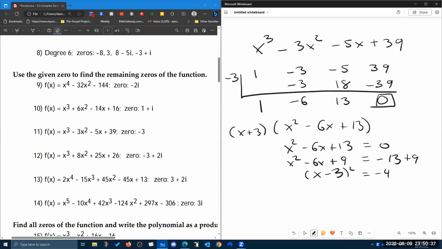That equals a negative 4. I'm going to take the square root of both sides. x minus 3 is equal to plus or minus 2i, and x is equal to 3 plus or minus 2i. So my answers here: my x1 was my given negative 3, my x2 is 3 plus 2i, and my x3 is 3 minus 2i.